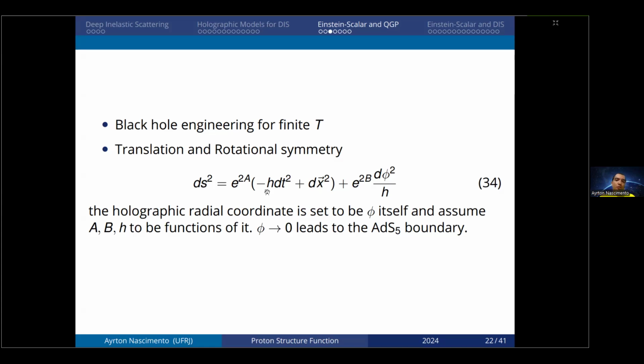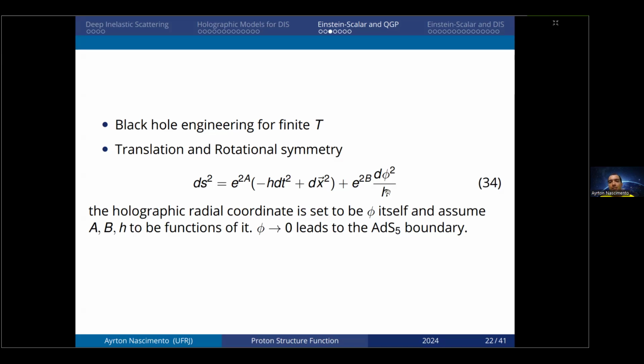So they construct space-times like this, which is not AdS, it's just asymptotically AdS. Let me just explain. In these models, people usually call the holographic coordinate the phi coordinate itself.